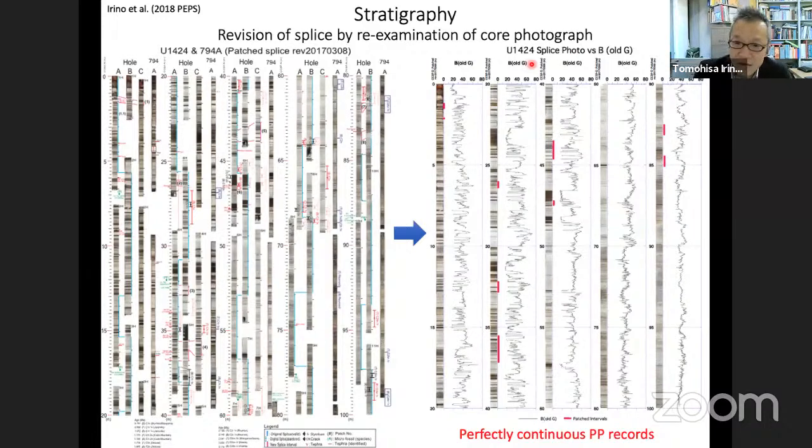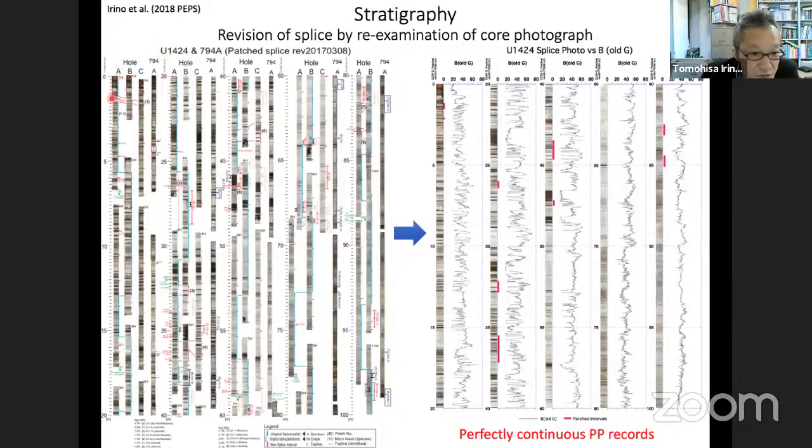This is an example of the splice records of U1424, which is the same as ODP Site 794, and we drilled at least three holes to establish a perfectly continuous splice.